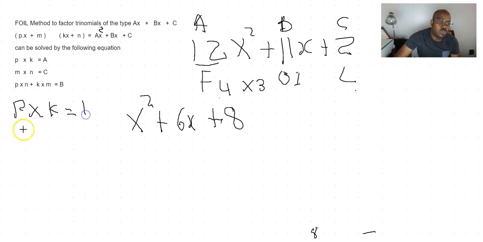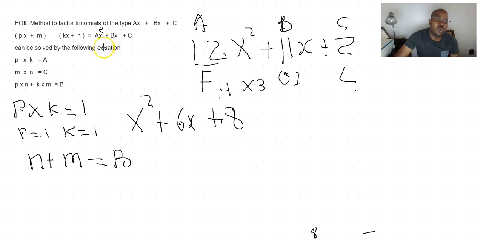So the only way to have 1 is p equal 1, k equal 1. So I'm going to end up replacing p and k equal 1. I'm going to have n plus m equal b.